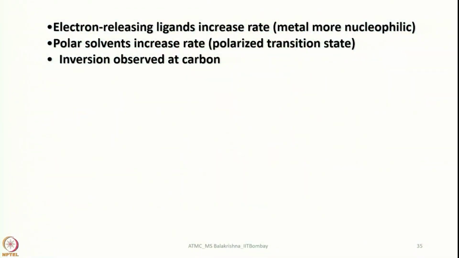So, how do we assess this reaction? For example, what are the factors that contribute to the rate of this reaction? Electron releasing ligands, that means electron rich metals which can readily lose a couple of electrons; the metal should be more nucleophilic.